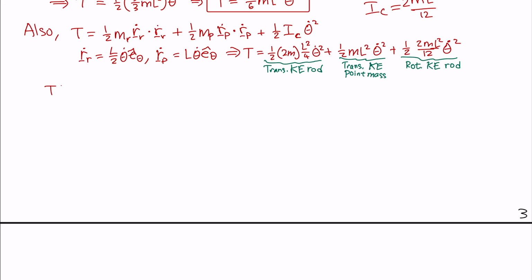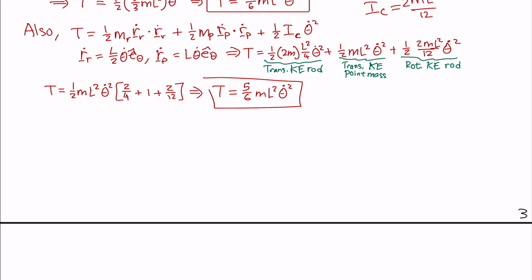So this then becomes T is equal to 1/2 mL squared theta dot squared times the fraction 2 over 4 plus 1 plus 2 over 12, such that our kinetic energy is equal to 5 over 6 mL squared theta dot squared, which is exactly what we got above as well, meaning that the parallel axis theorem is already built into this.